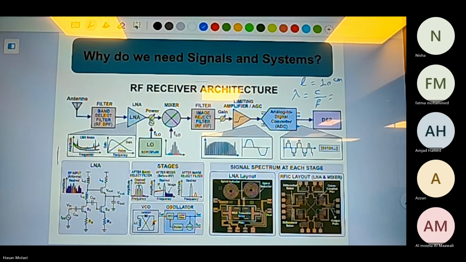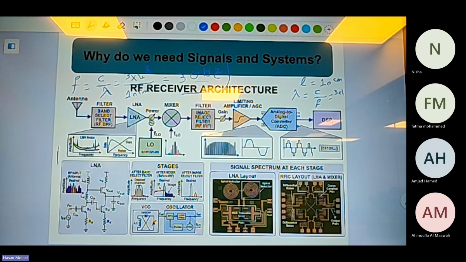Lambda is the speed of light over the frequency. So the frequency is c over lambda, which is c over 10 centimeters. 10 centimeters is 0.1, and it would be 3 multiplied by 10 to the power of 9, which is 3 gigahertz.